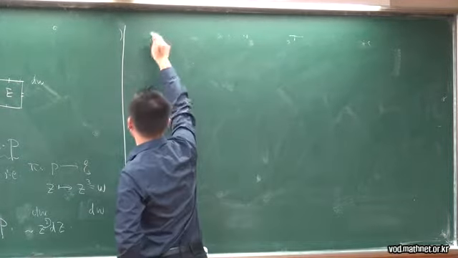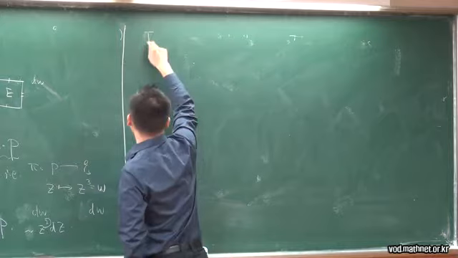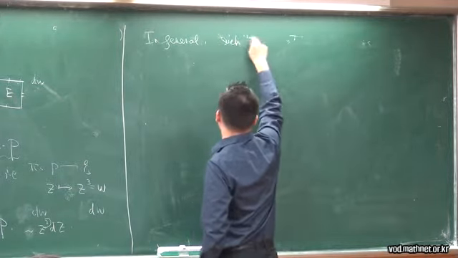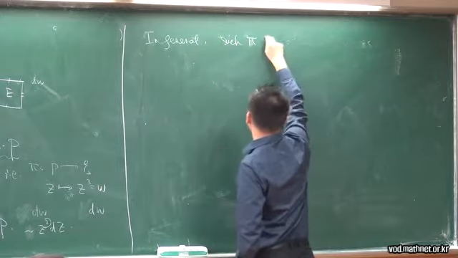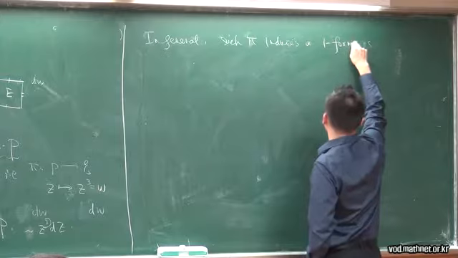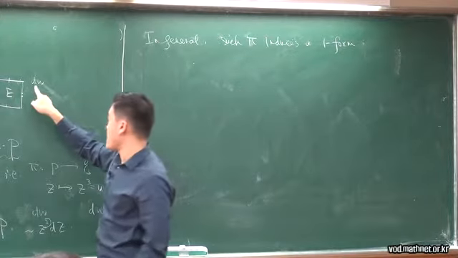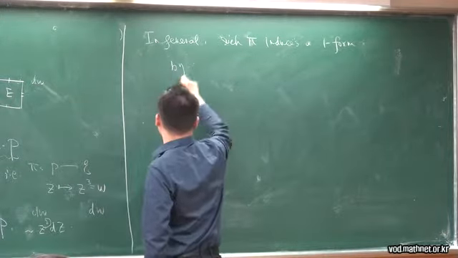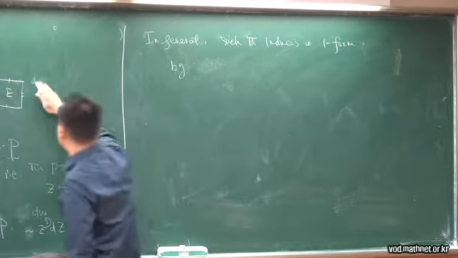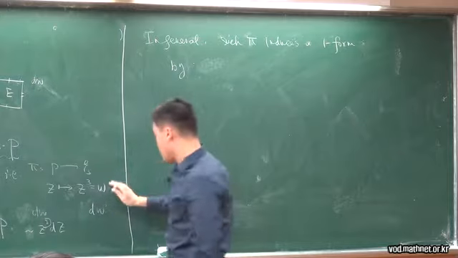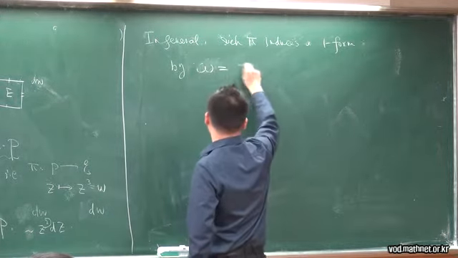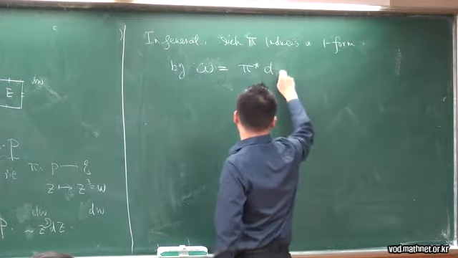So let me get to the punchline. In general, such pi induces a holomorphic one form by pulling back the standard one form dW from E, by setting omega equal to pi pullback dW.